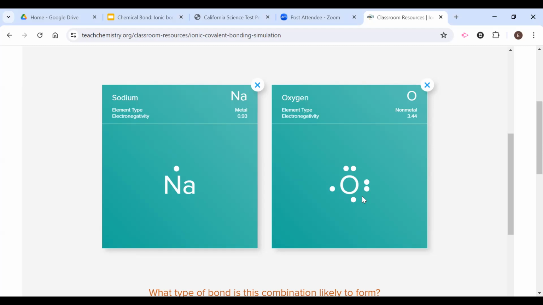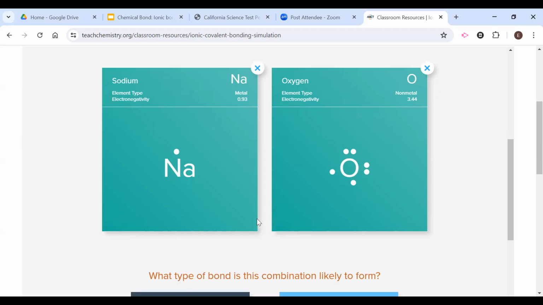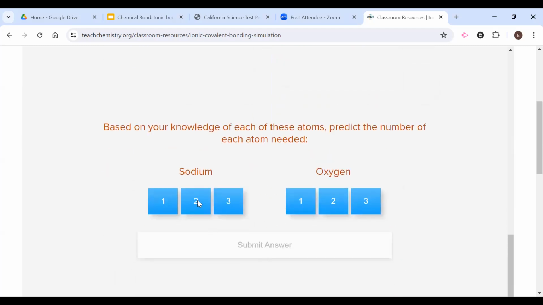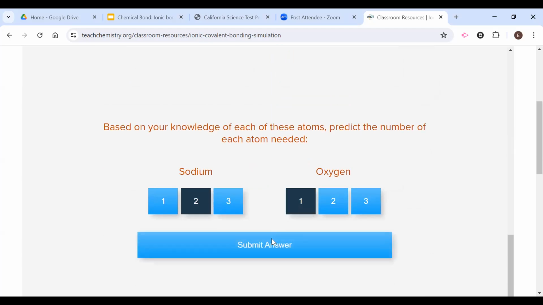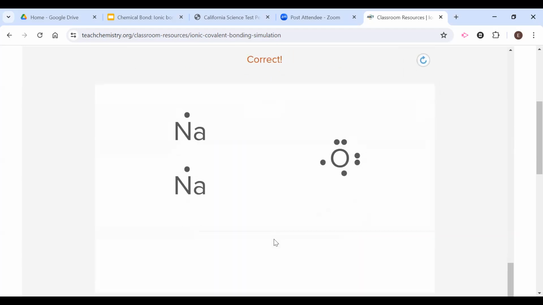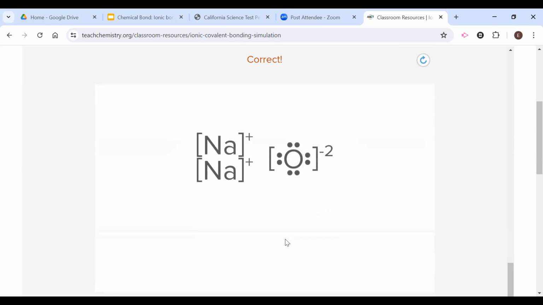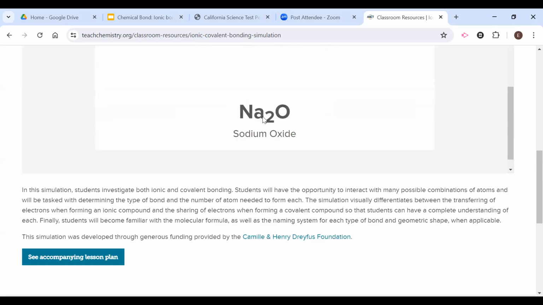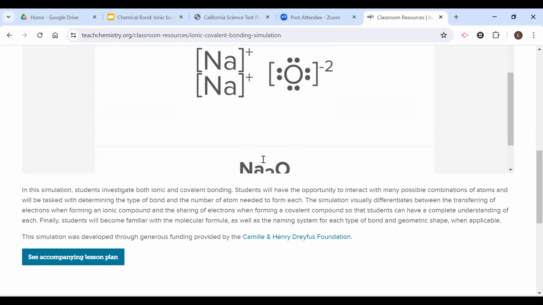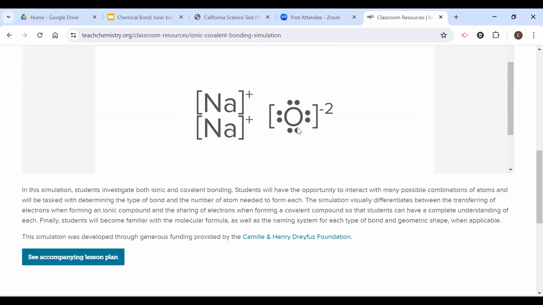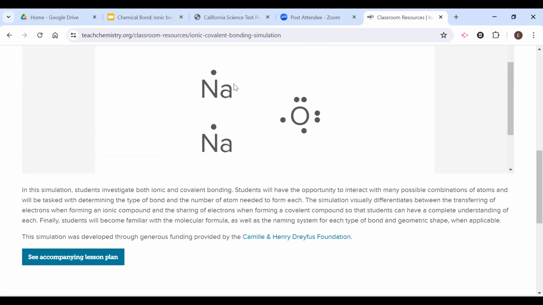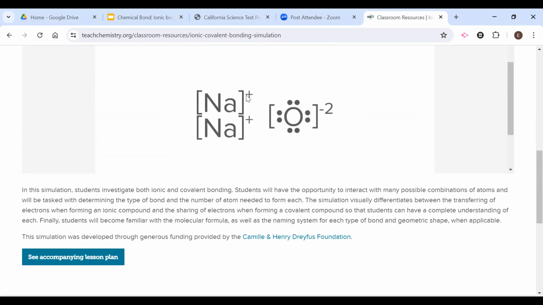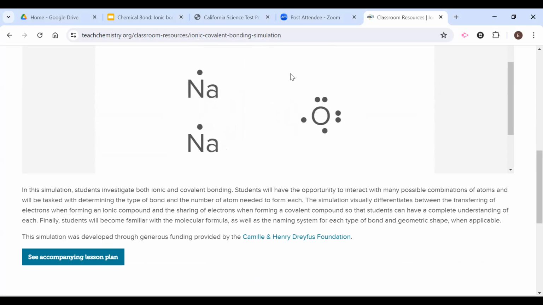If you answered 2 and 1, you're correct. So you end up with Na, that's 2 of this, and then 1 of this. You have 1 plus, 1 plus, 2 plus, 2 minus. It has to be equal charges.